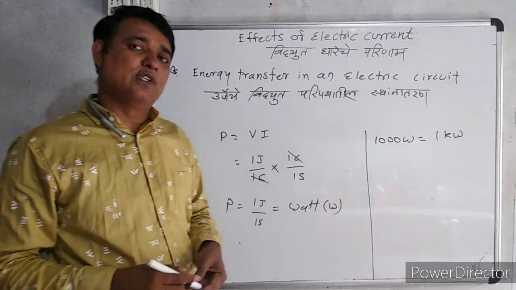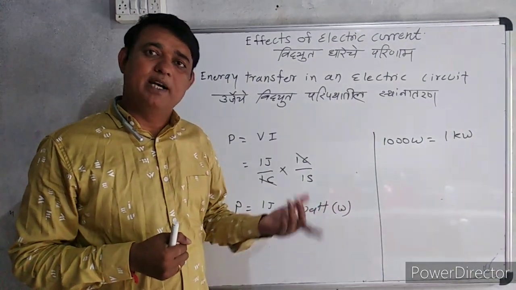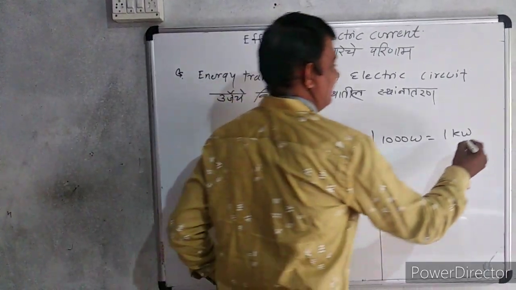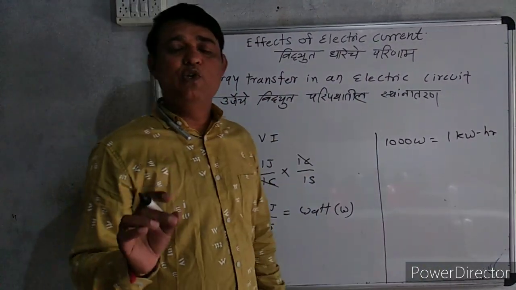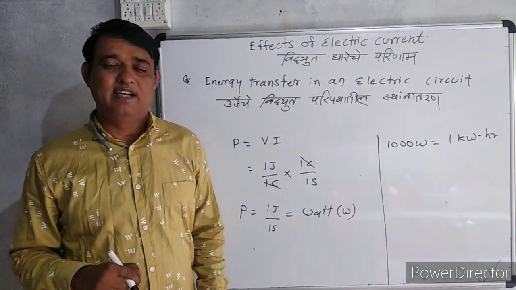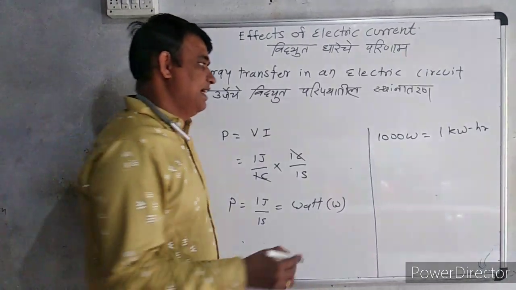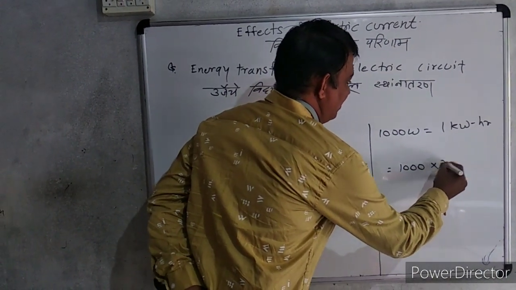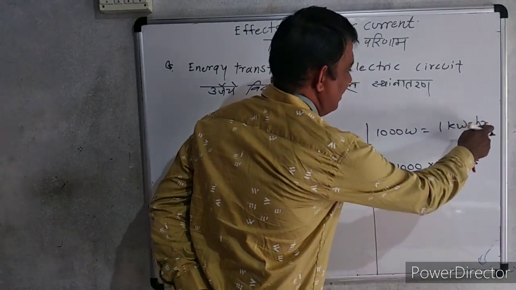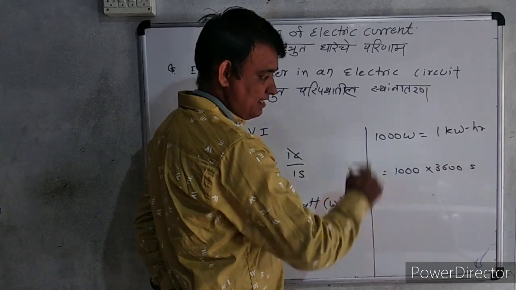And in our households, suppose we use 1 kilowatt of energy per hour, so it can be known as kilowatt-hour. The unit that we use in our house, the electric unit, is 1 kilowatt-hour. So it can be written as 1000 into 3600, as in 1 hour 3600 seconds are there.